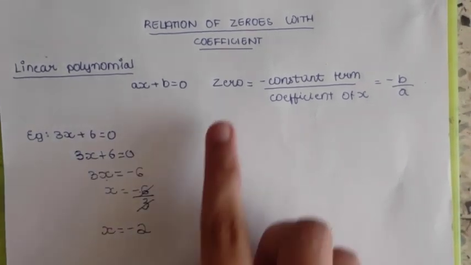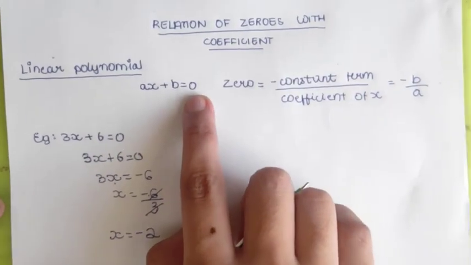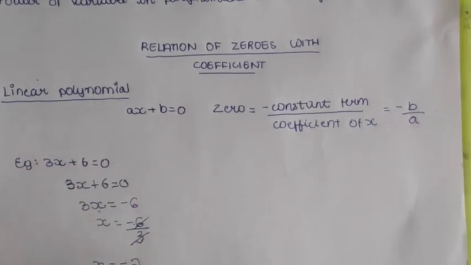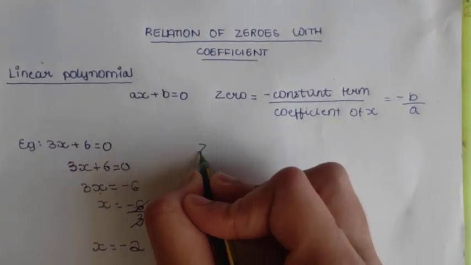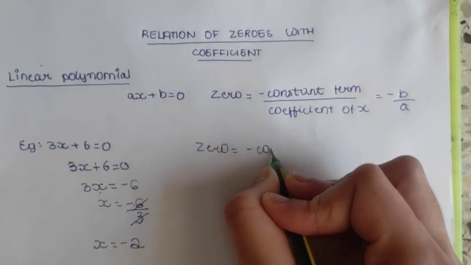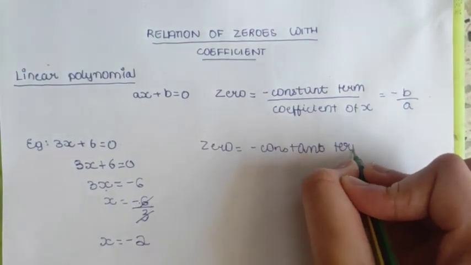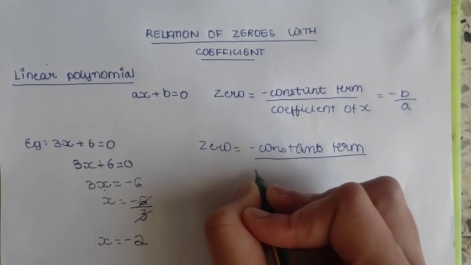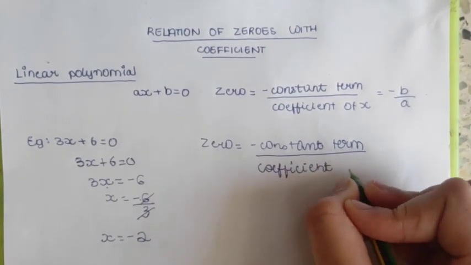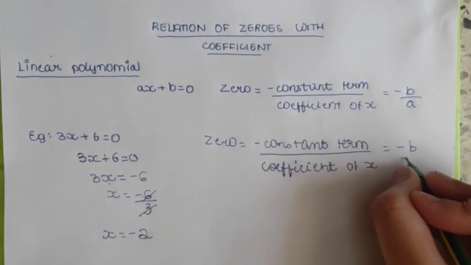Now they have given that minus b by a is the zero of this equation. Here we had the same equation, and we got the zero as minus 2. Let's see this. Zero equals the constant term by the coefficient of x, that is nothing but minus b by a.